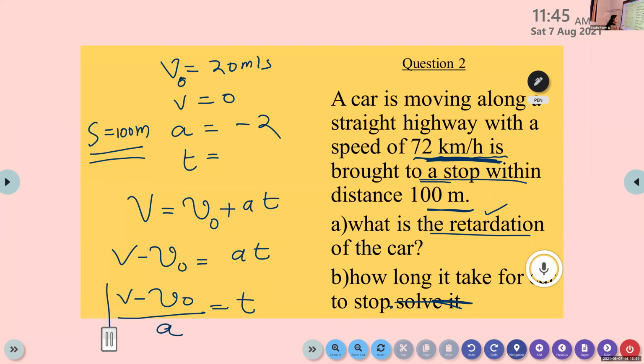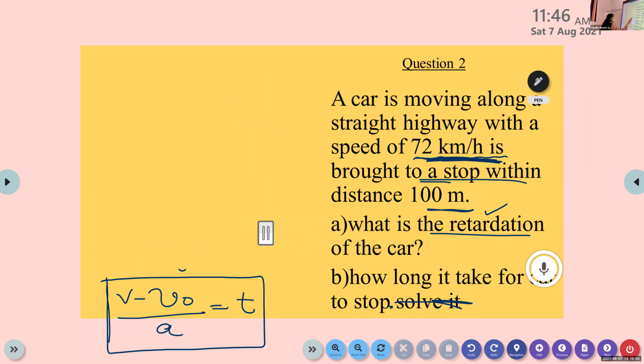So here we form an equation for calculating the time taken by the car to stop: v minus u0 divided by a is equal to time t. Now we can substitute all the values. What is our final velocity?